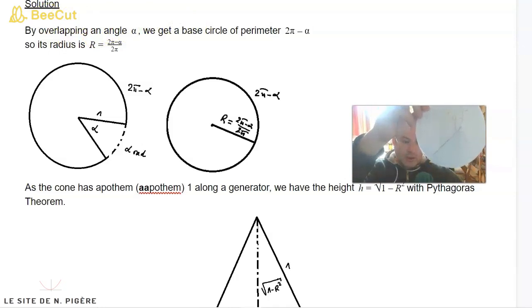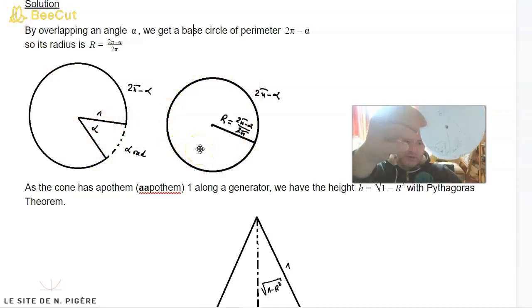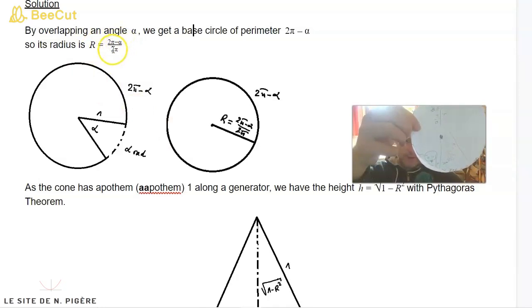When you cut out or overlap the angle alpha, then you get a radius for the base circle. The base circle is the disc you've got at the base here, and its radius will be (2 pi minus alpha) divided by 2 pi. So we can get the radius of the base disc in terms of alpha.